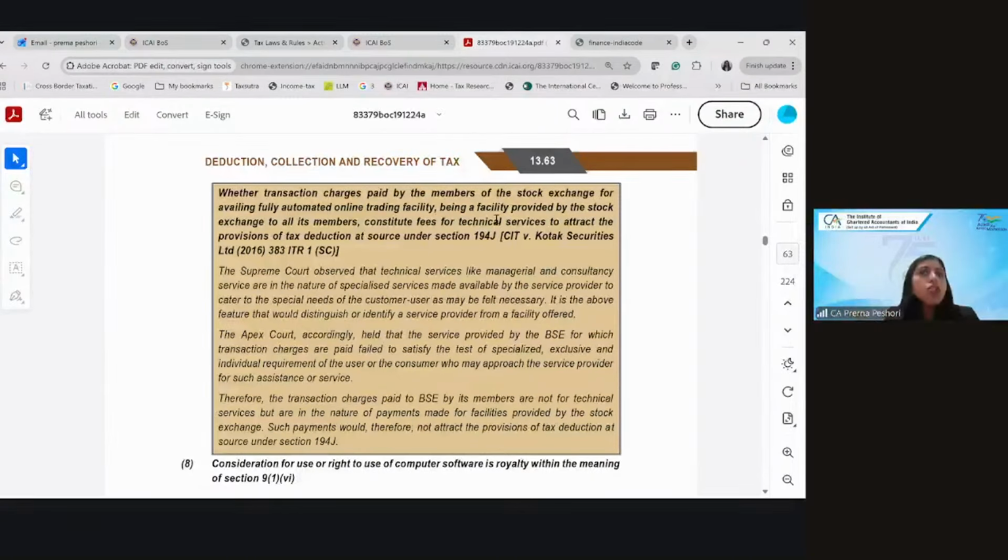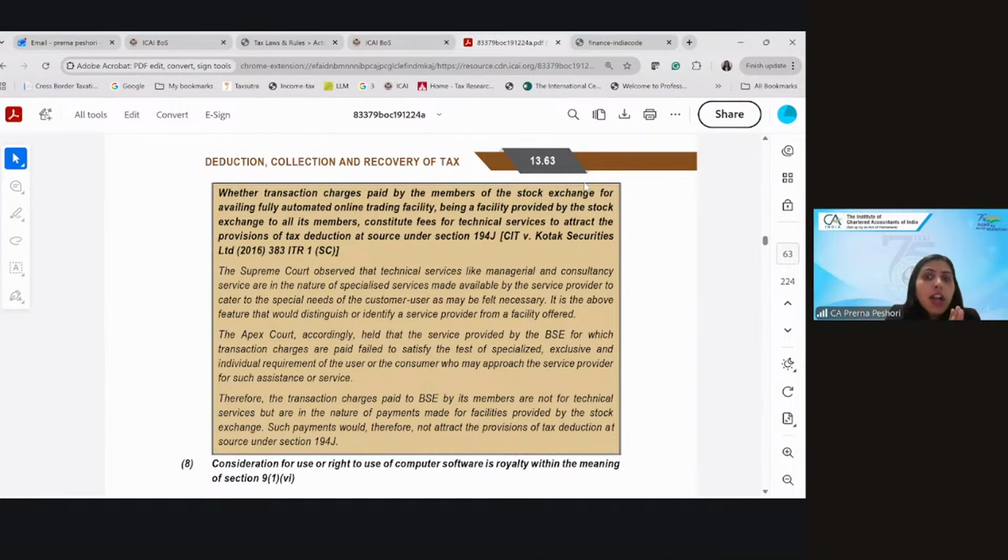These transaction charges levied by the stock exchange are general services. These are levied on all the customers, not for some specific customer. These are not specialized, not exclusive services. These are general services for conducting the trades on the stock exchange. Specialized service means when I approach a service provider for giving me some technical inputs. Here it is not the case.